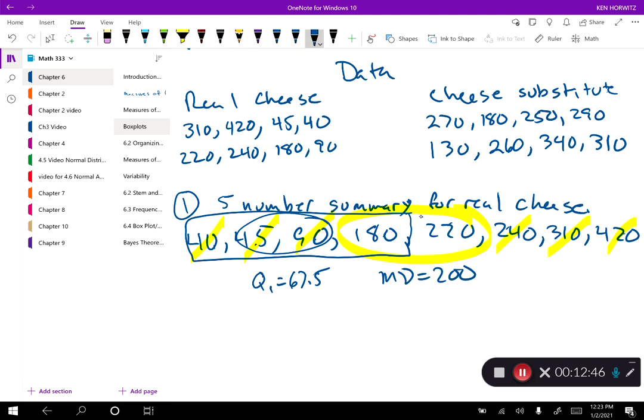And I'm going to do the same thing for my Q3. I have two values in the middle, add them up, divide by 2. My Q3 equals 275. And again, the min and the max are obvious, 40 and 420.